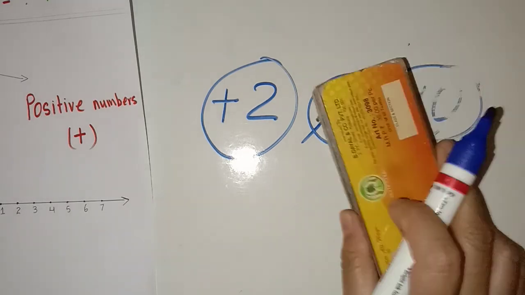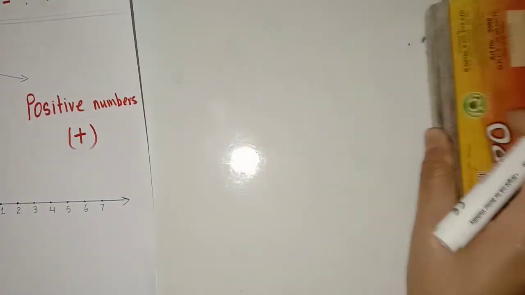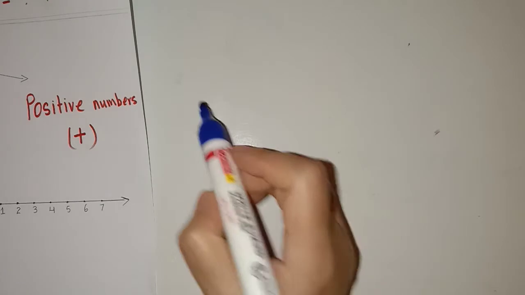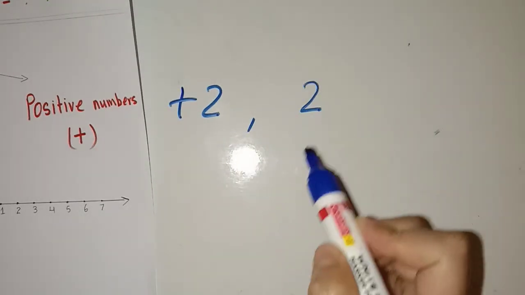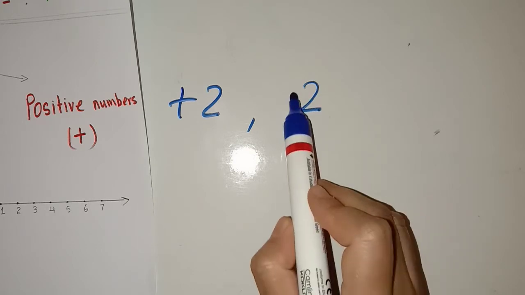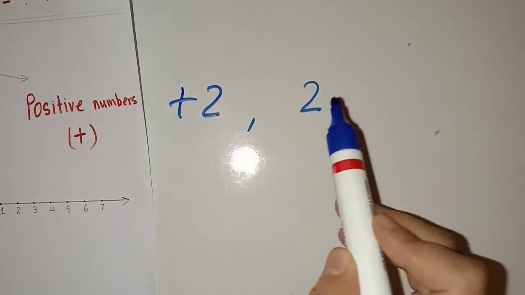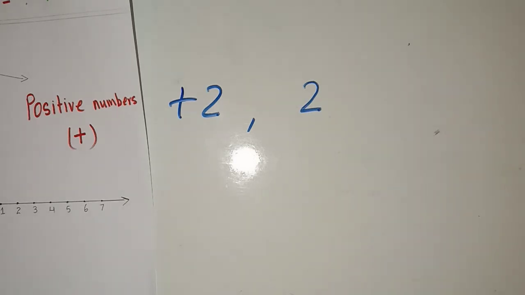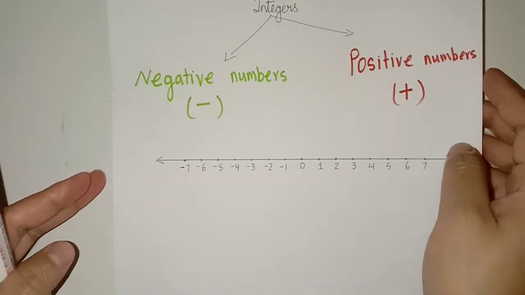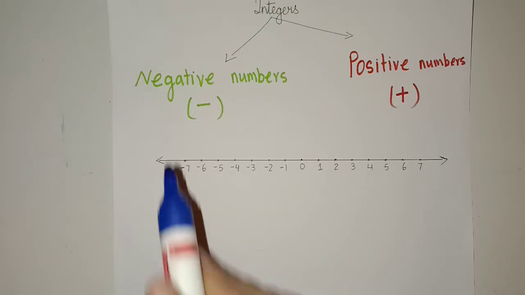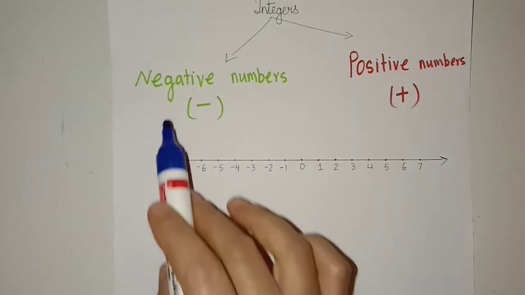Usually when we write positive numbers, we don't put the plus sign before the number. We don't write plus 2. Most of the time we write only 2. But it is understood that when there is no sign before the number, then that number is a positive number. Now let us go to negative integers. What are negative integers, or negative numbers?